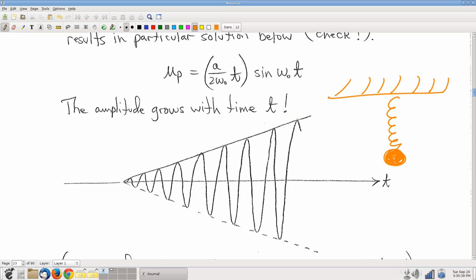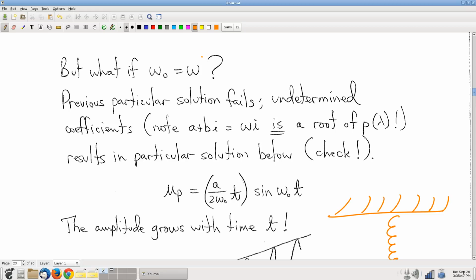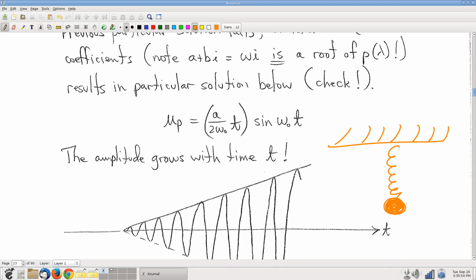And according to this solution of this differential equation, what we expect to happen in this case, where the external forces are controlled at a frequency that's equal to the natural frequency, is for the oscillation to get more and more, and something's got to give at some point. So what this means is at some point the differential equation breaks down. At some point the differential equation ceases to be a good model.